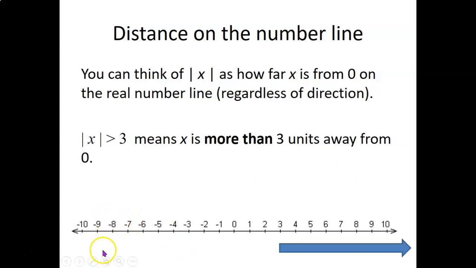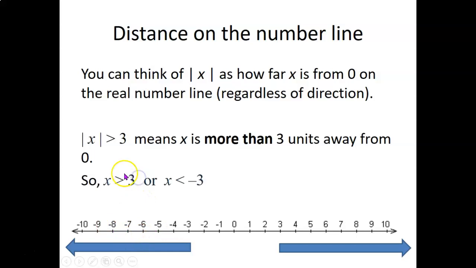But we also have some numbers over here that are past negative 3 in this direction. That would mean that they are less than negative 3. Things like negative 4 or negative 10. So for the absolute value of x to be greater than 3, that means x is greater than 3 or x is less than negative 3.